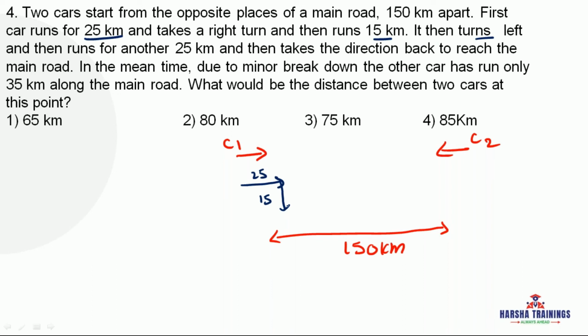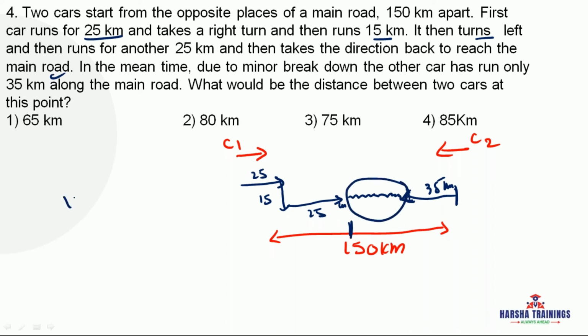Again it turns to the left side, moving 25 kilometers. Then it takes the direction back to reach the main road. Coming to the second car, due to a minor breakdown it travels only 35 kilometers. Find this distance, guys.